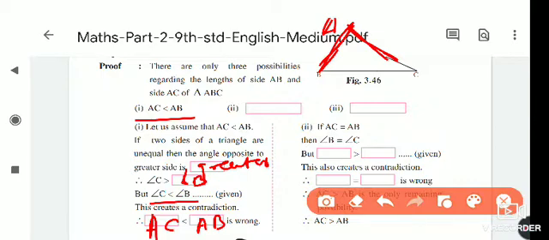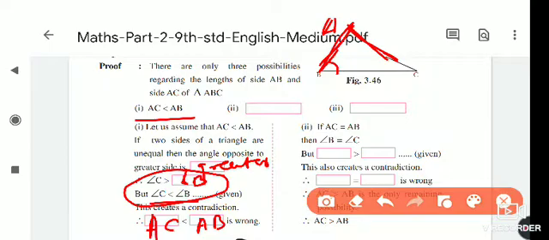Here angle B is greater, already given. If AC is smaller than AB, meaning AB is greater, then its opposite angle C is greater than angle B. But the given says C is smaller than angle B, and these two statements contradict, and that's why AC is smaller than AB is wrong.